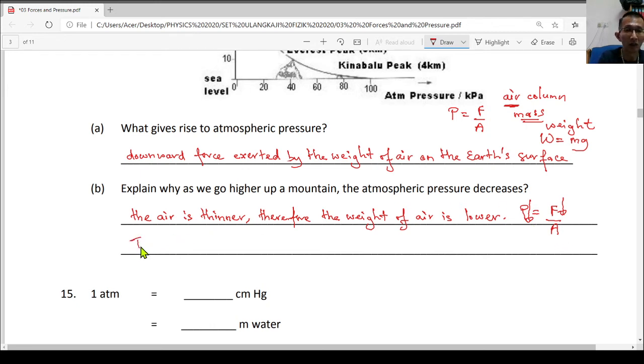So this in turn lowers the pressure. That explains why if we go up a mountain, the atmospheric pressure decreases.